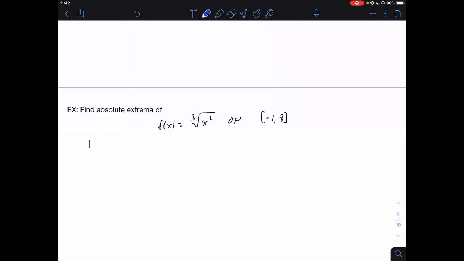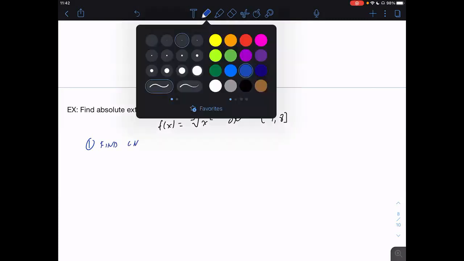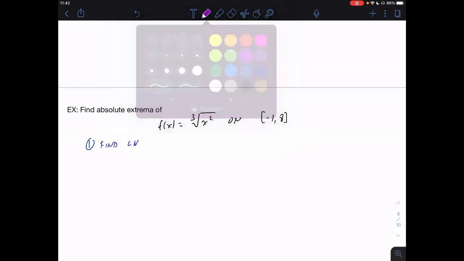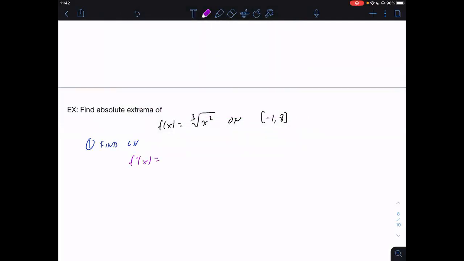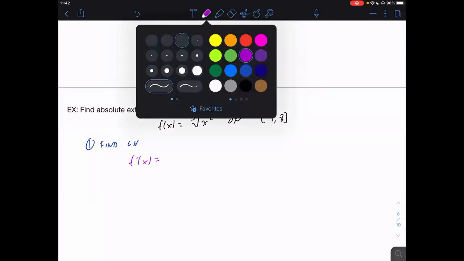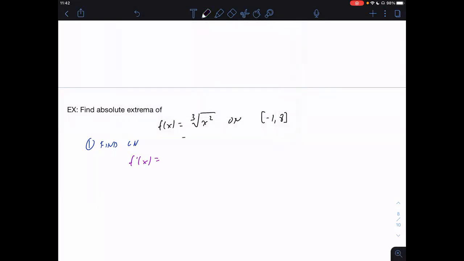Okay, so again, first step, find our derivative. We got to find the critical numbers. So first step, once again, find the critical numbers. I'll use purple. So f prime of x. Well, let's see. Let's rewrite this function here, cube root of x squared, as a power function. When it comes to radical functions, we write them as power functions.